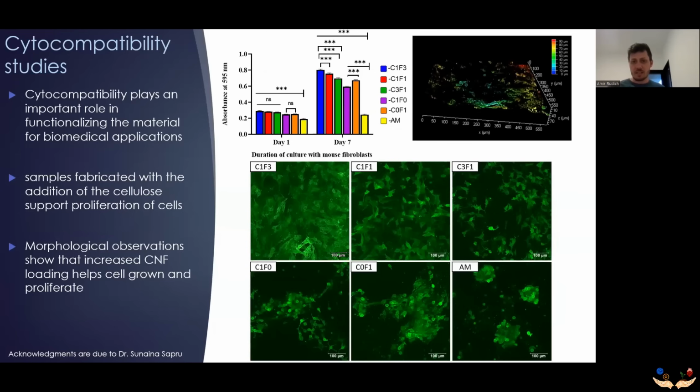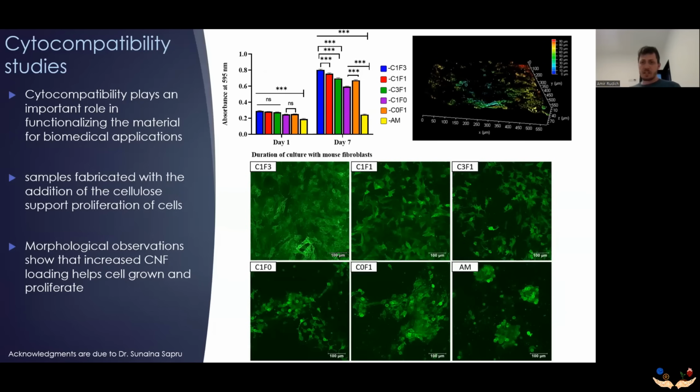Then, as I've said, we set out to characterize the biocompatible aspects of the material. So, just like I said before, it doesn't help us only to have a material that performs mechanically well. We also needed to provide an environment that cells can attach and proliferate onto.